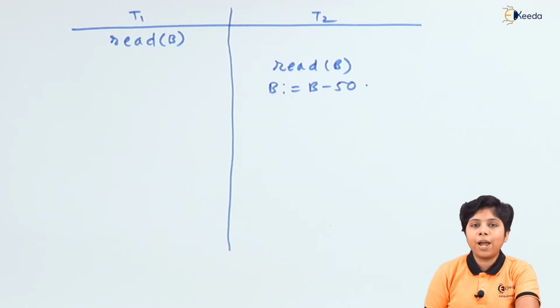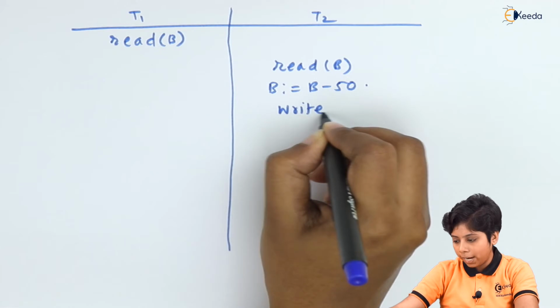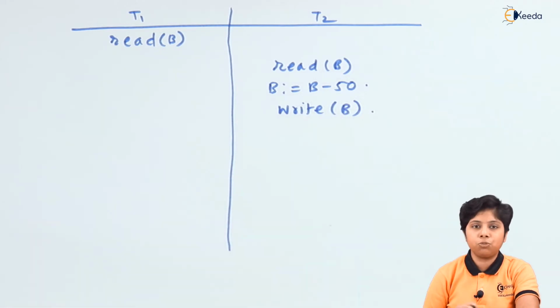When we try to write this value, the W-timestamp of B is assigned, because it is greater than the R-timestamp of B and also greater than the W-timestamp of B, as there is no write operation performed on B until now. So we perform write B on T2.